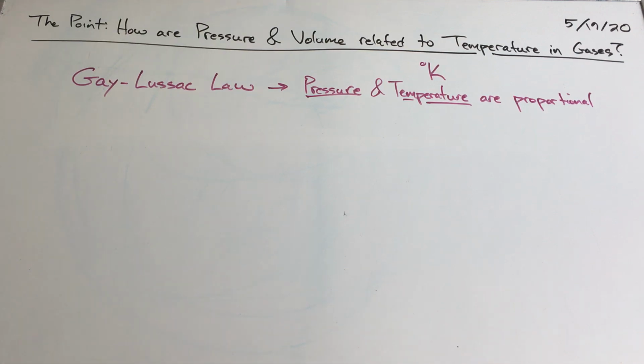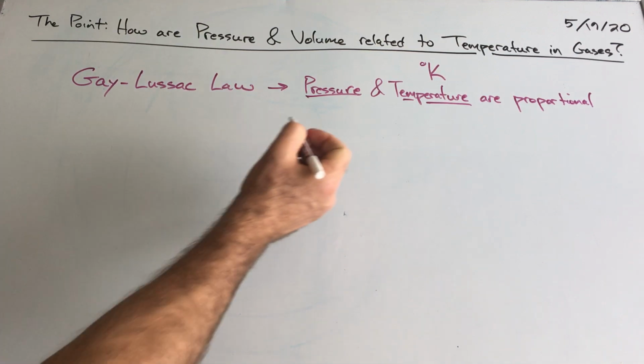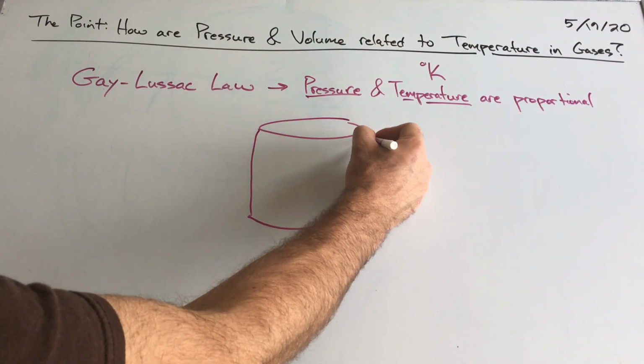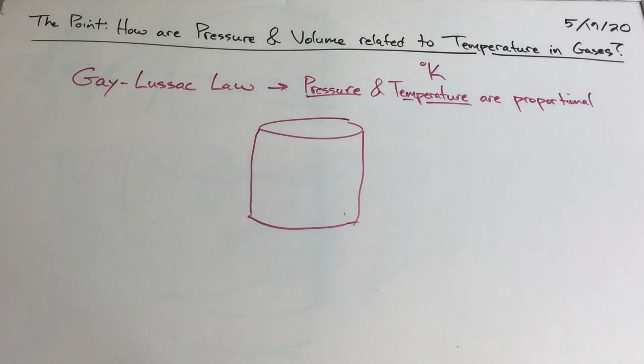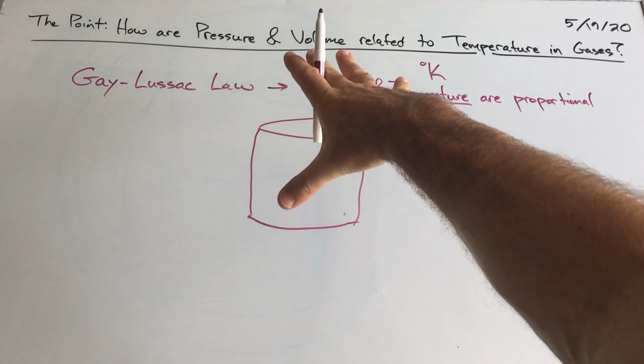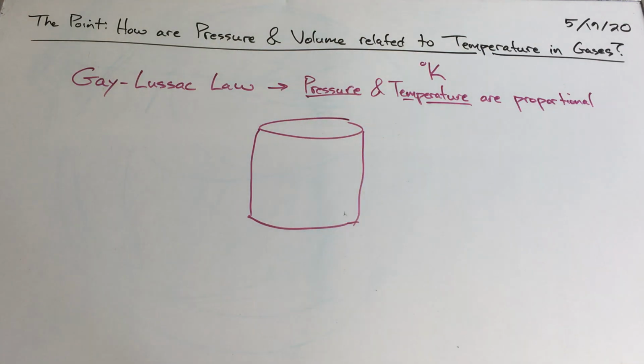Well, let's take a look. Let's say that we have a container. And it's a metal container. It's sealed, which means volume is not changing. The container's not getting bigger or smaller. It's just like an old bean can that's been sealed and used for science now.